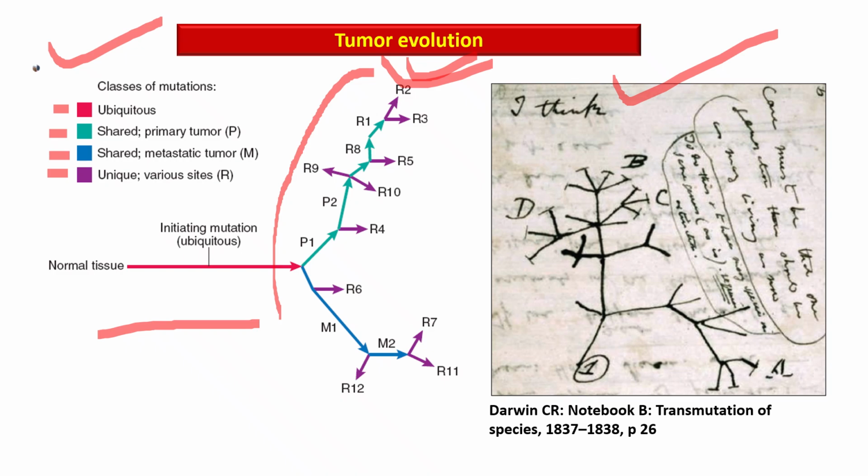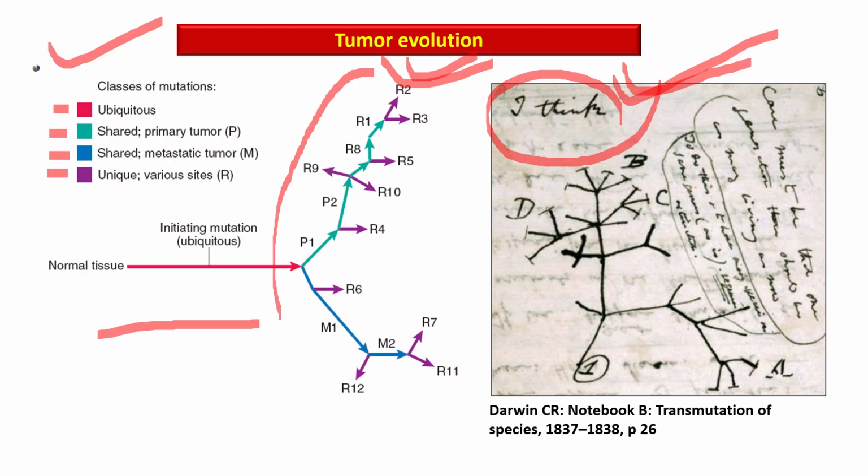Different branches accumulate private mutations while the earlier ones are shared, common ones. Here in this picture, the Darwinian original tree of life sketch, the famous Charles Darwin's handwritten sketch from his notebook with the phrase "I think" at the top, is the first conceptual drawing of evolution by natural selection.